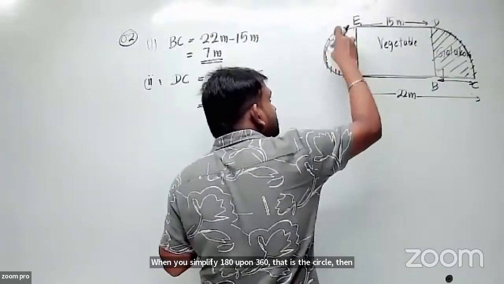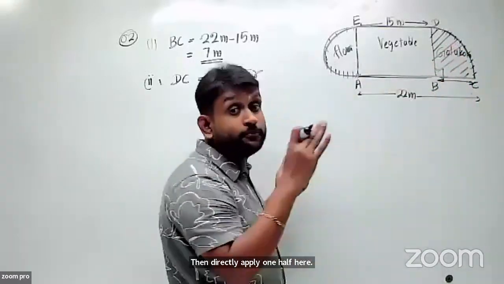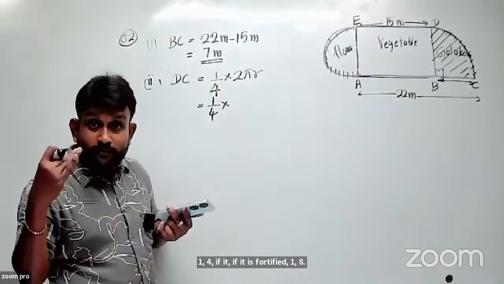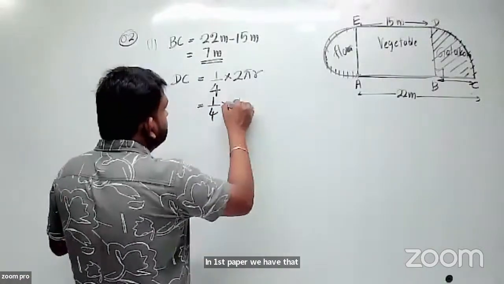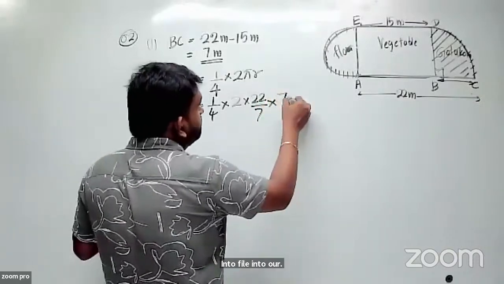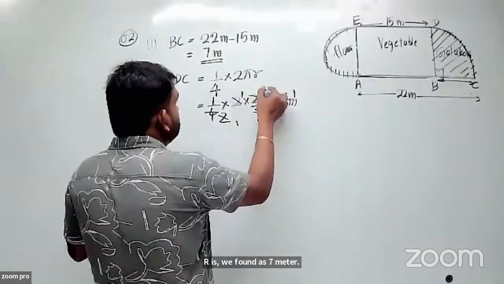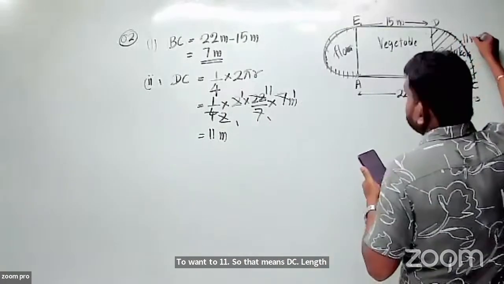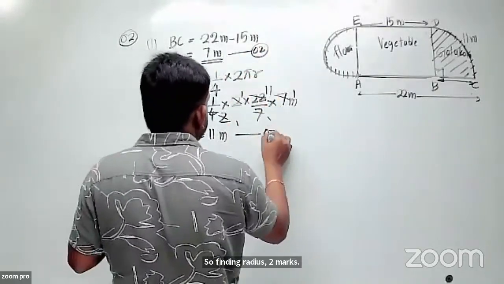If it is 45 degrees, 1/8. Remember these three fractions, because in the first paper we have only these three sectors. Then 2 into π into r, r we found as 7 meters. Simplifying, DC length is 11 meters. This is fine. Finding the radius is 2 marks, and here DC length is 2 marks.